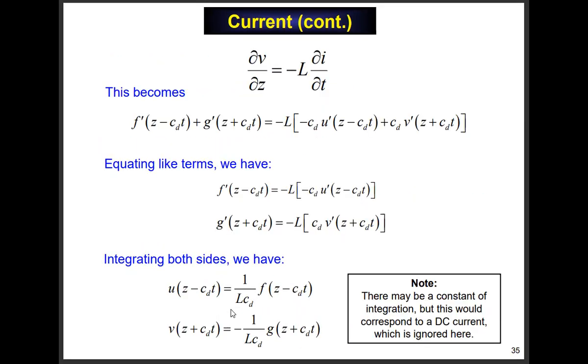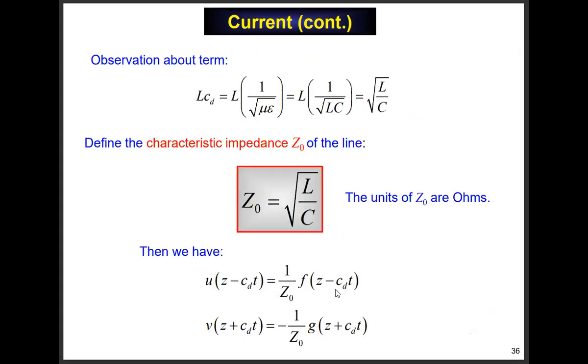Okay. So now let's look at this term L times CD. Remember, CD can be written like this, 1 over square root of mu epsilon. Also remember that for any transmission line, mu times epsilon is L times C. Inductance per unit length times capacitance per unit length. Now, simple math just rearranges this to give square root of L over C. Okay.